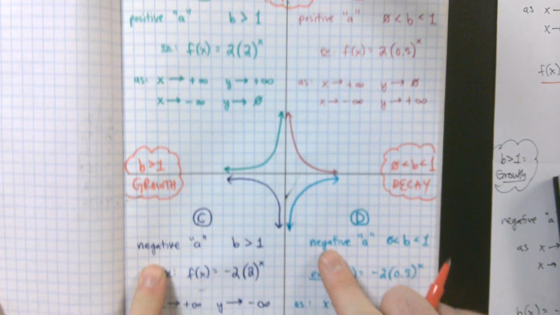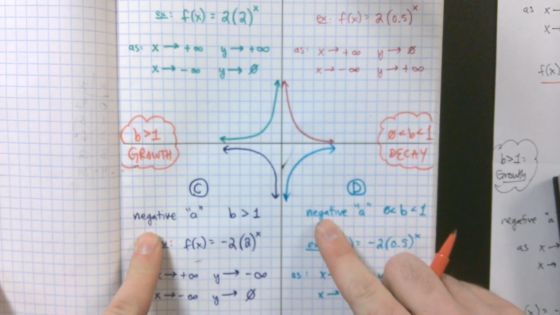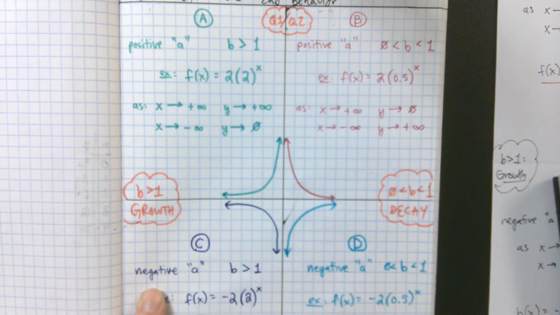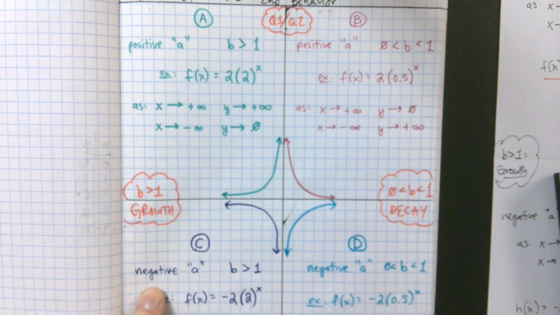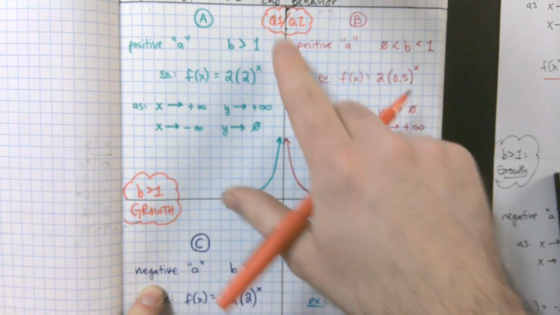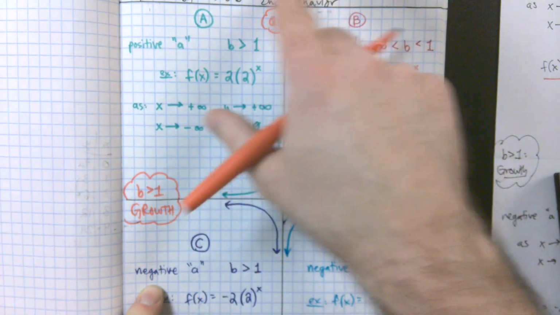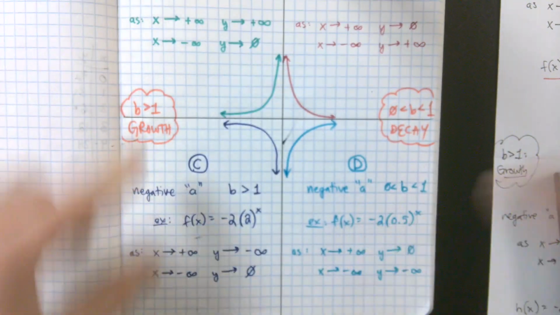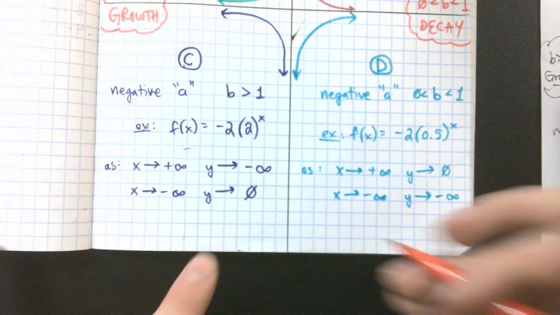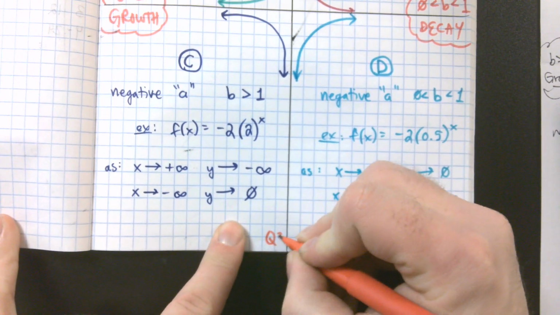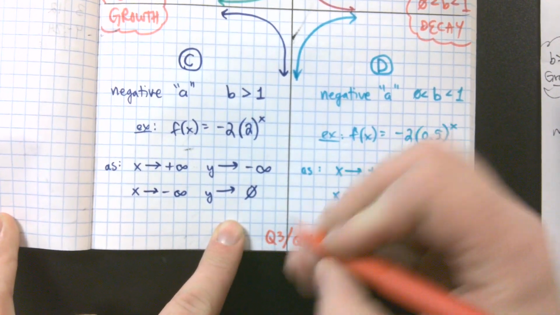If I have a negative y-intercept, my function is going to be below the x-axis, which is going to land me in quadrants 3 and 4. So up on the top, A and B, they're only going to be present in quadrants 1 and 2. Down below, C and D, they're only going to be present in quadrants 3 and 4.